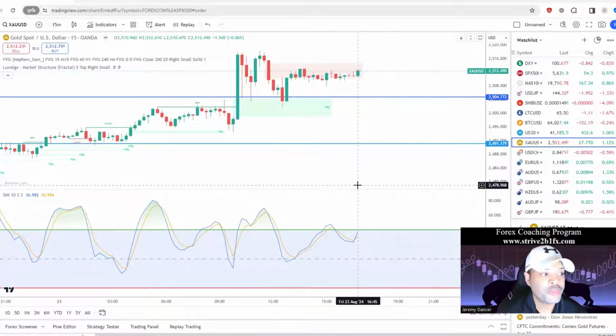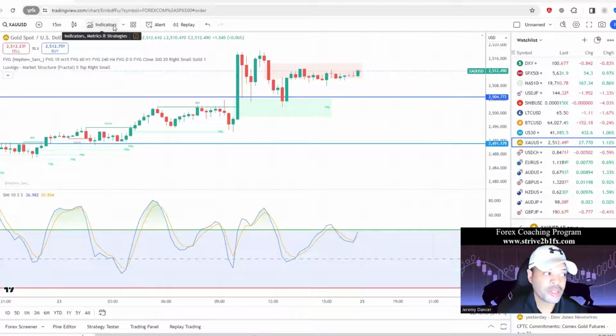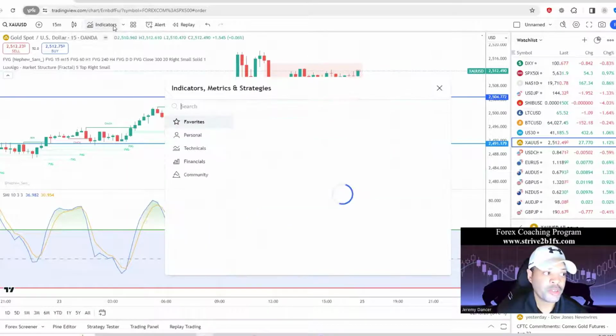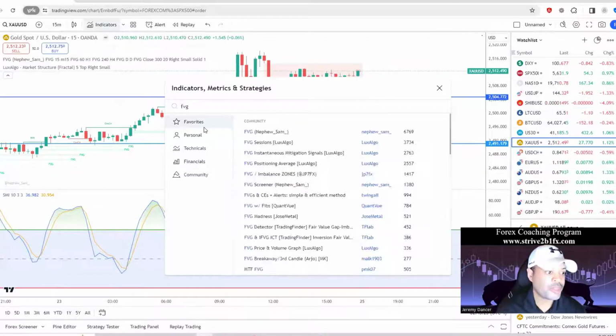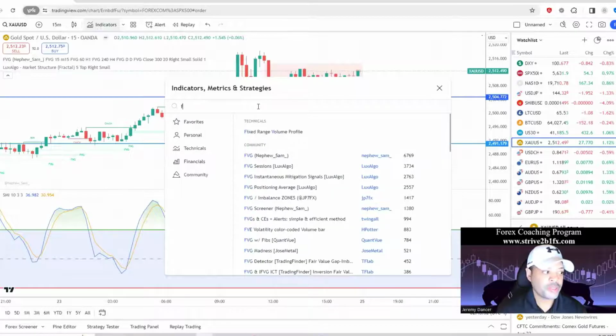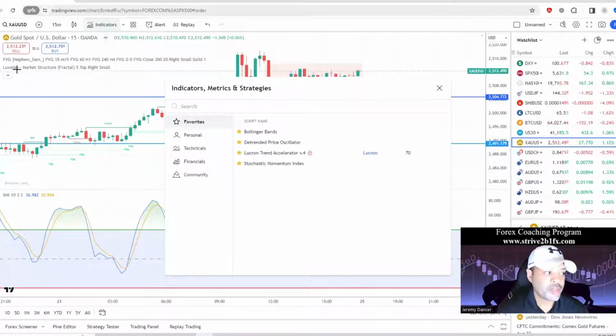All right, so all you want to do is go to indicators, and just type in FVG. I use this first one by Nephew Sam. The second indicator that I use is the Lux Algo market structure.